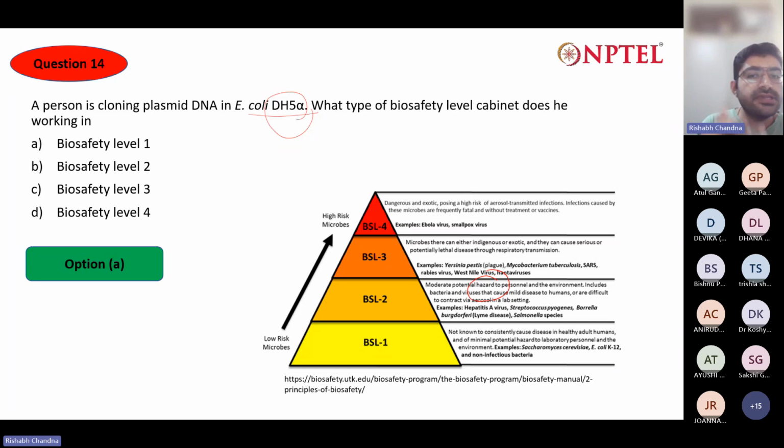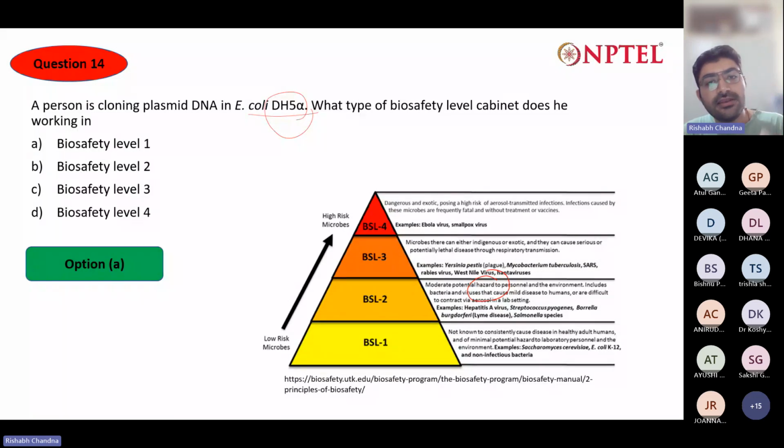Now, as we go to BSL3, the hazardous potential increases more. Organisms that are indigenous or exotic, meaning they are new to the environment or can be potentially hazardous in case of respiratory transmission, are used in a BSL3 environment. For example, Yersinia pestis or Mycobacterium tuberculosis, which are transmitted through the respiratory route, can be used in BSL3.